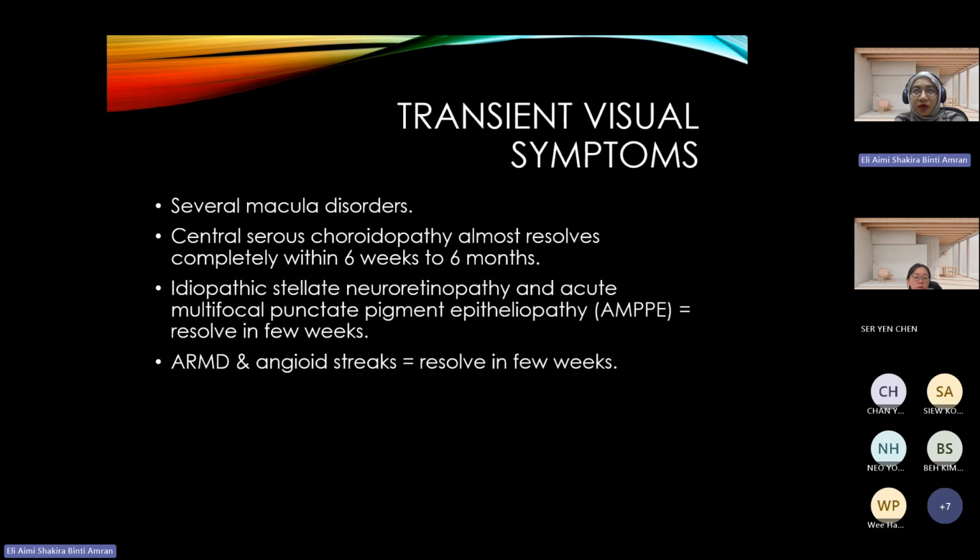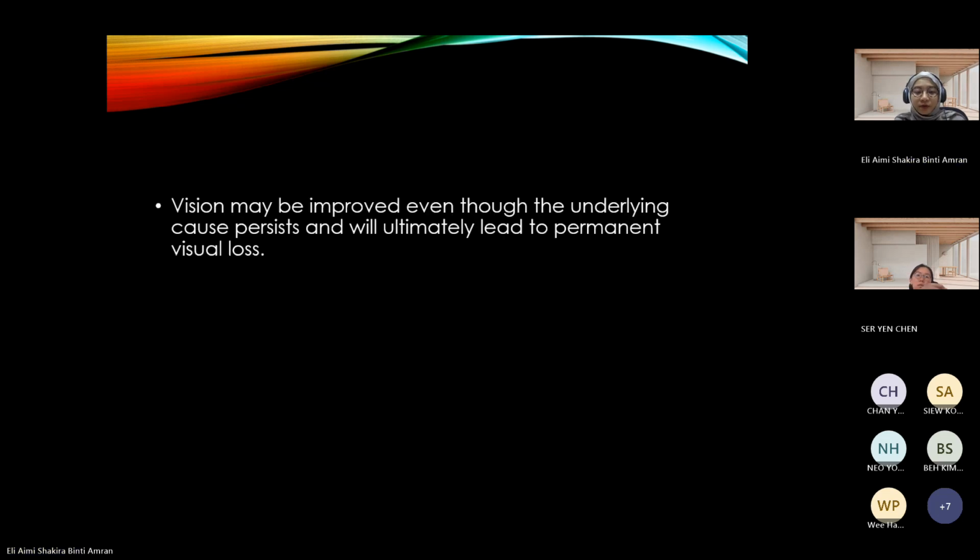So if patient comes to you with ARMD and complains of transient visual symptoms, transient visual loss, and if you see there's no advancement of the disease, you can observe first, and see about 1 to 2 weeks and observe the progress.